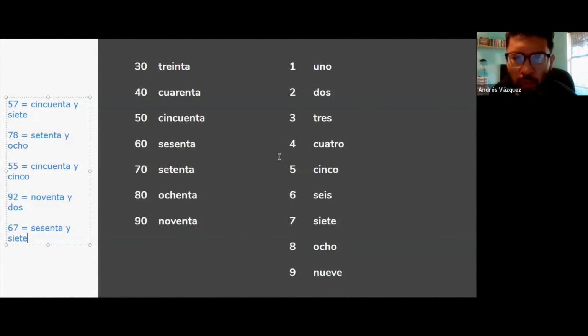The other thing that I wanted to point out is that especially when we look at the tens place, some of the names for those numbers are fairly similar. So 60 and 70, we only change one letter.